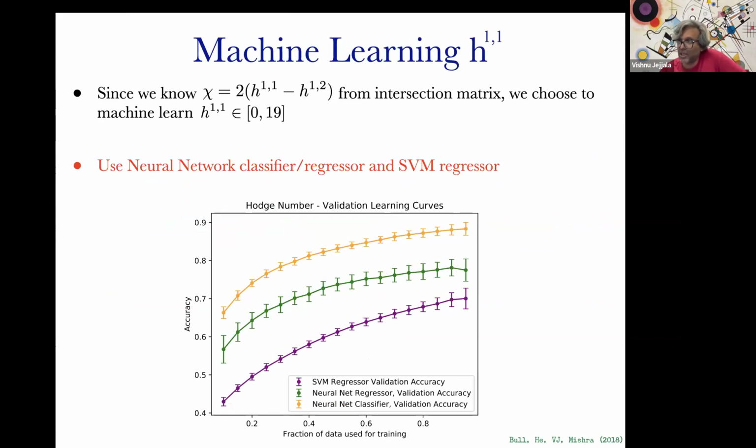Usually in machine learning, you take an 80%, 20% split of your data in order to benchmark how well you're doing. You use 80% of the data for training and the complementary set for testing. We've used various network architectures in order to predict the Hodge numbers based on these configuration matrices as inputs.